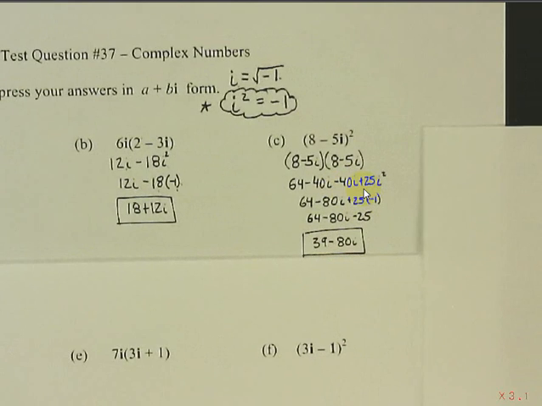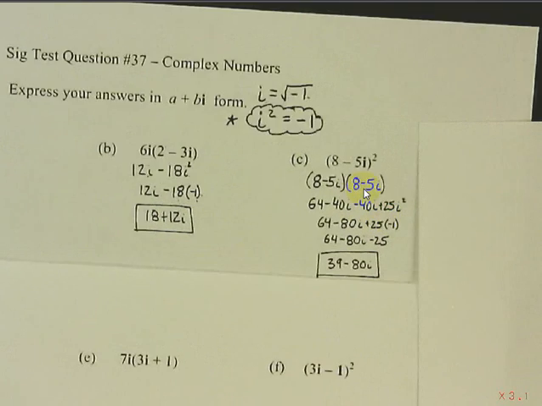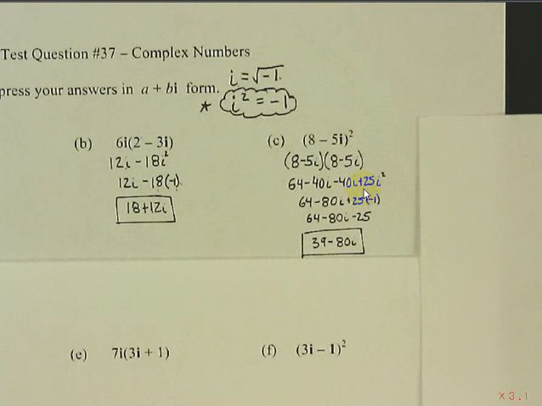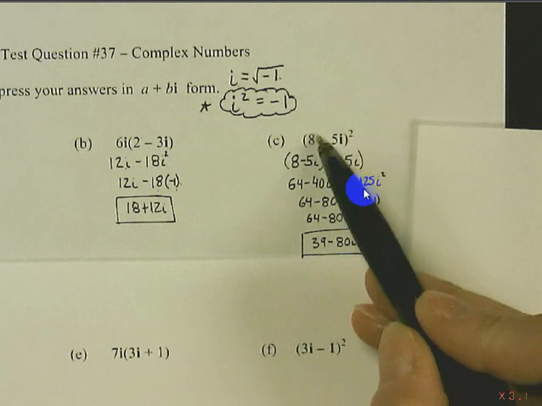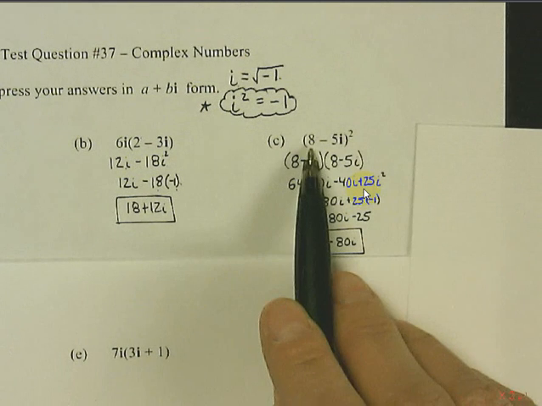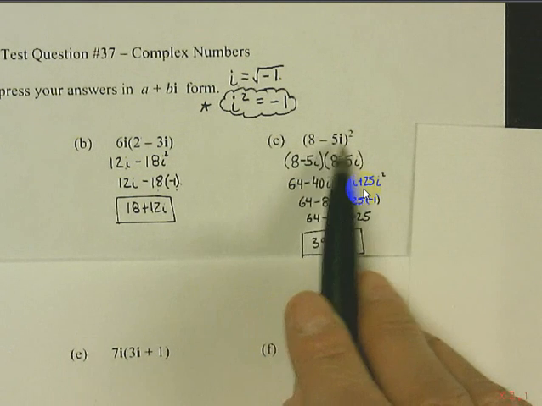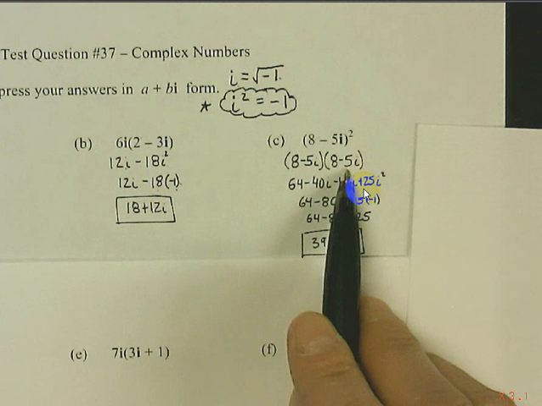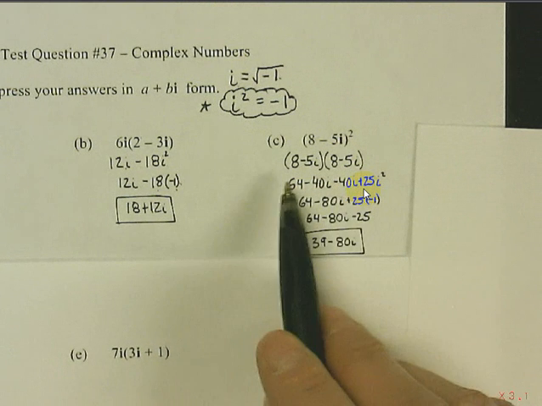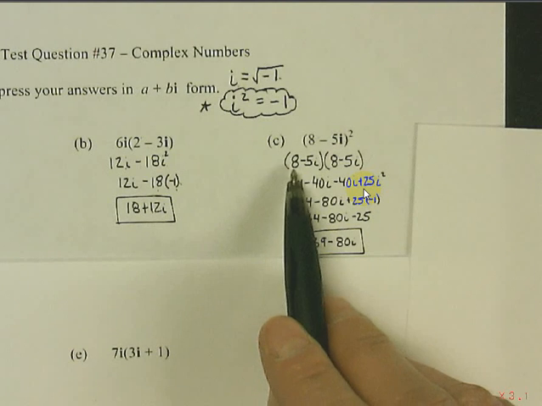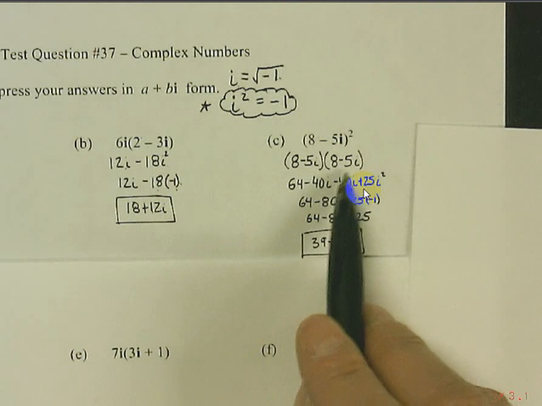Okay, and the last example here, remember when we have a quantity squared, do not distribute the square to each of them. This means that 8 minus 5i is being multiplied by itself. So we do our box method or FOIL, whichever one you prefer. 64 will be from the 8 times 8.